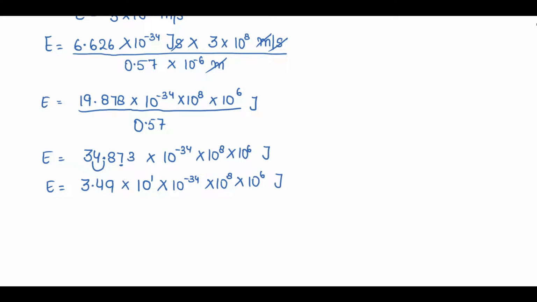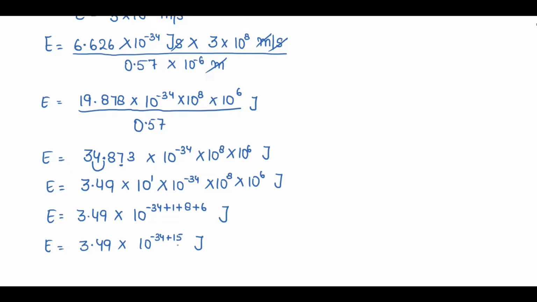So these powers are in multiplication, so you can simply add them. So E equal to 3.49 into 10 raised to power minus 34 plus 1 plus 8 plus 6, right? So E equal to 3.49 into 10 raised to power minus 34. 1 plus 8, 9. 9 plus 6, it will be 15.